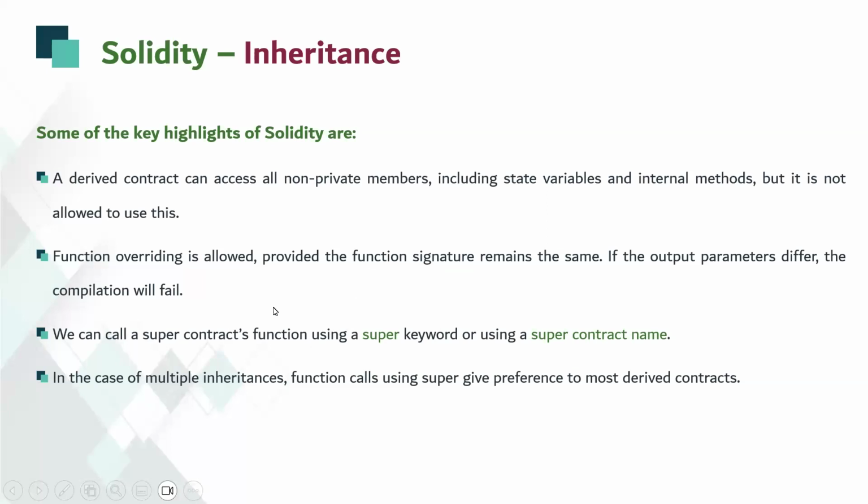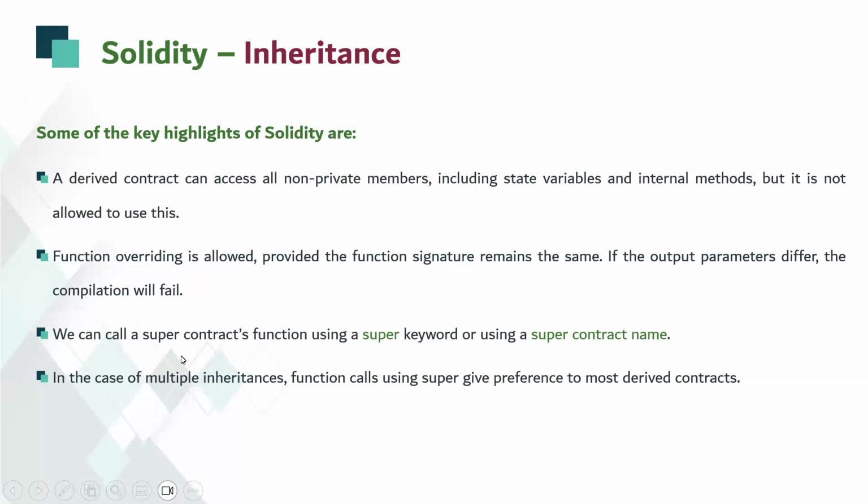Function overriding is allowed in Solidity also, as long as the function signature remains the same. However, if the output parameters differ, the compilation will fail. So make sure to pay attention to the function signature when overriding.